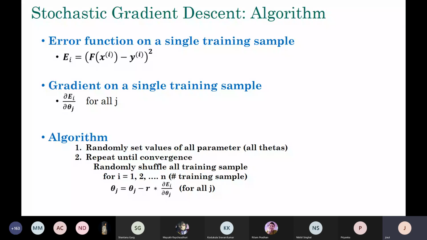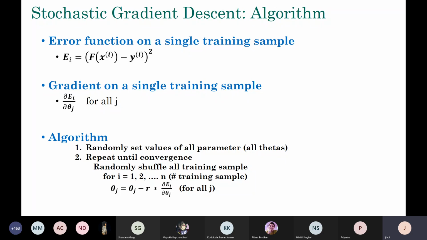But in stochastic gradient descent, assuming that you are using only one sample, once you are done with all the training samples in a single pass, you are actually making approximately n times R jump. Because one sample is helping you to make R amount of jump, therefore n samples make you do R times n. So basically nR amount of jump. And that is how it is speeding up your training process and computation.